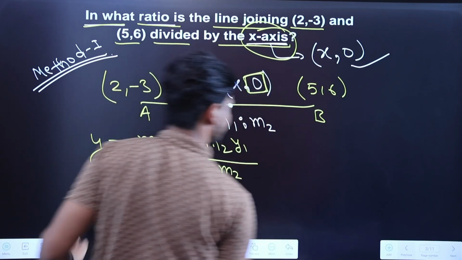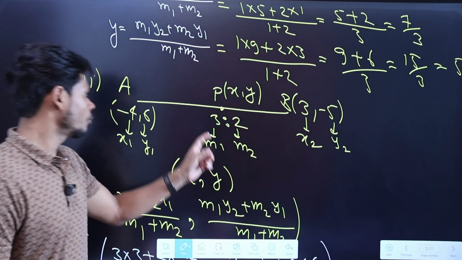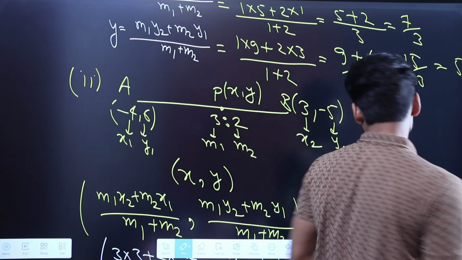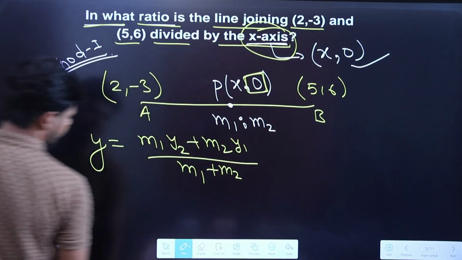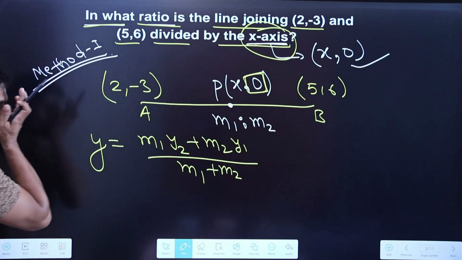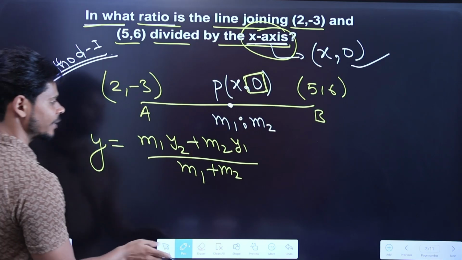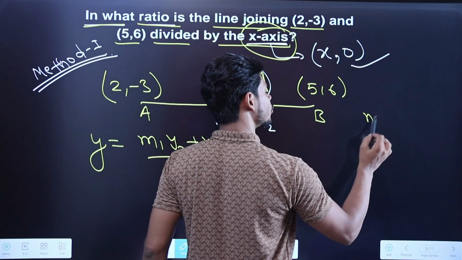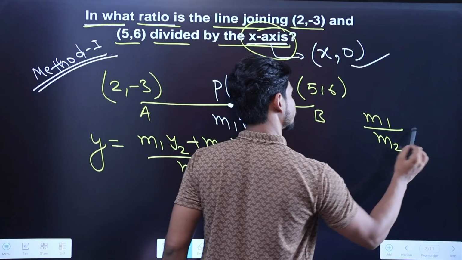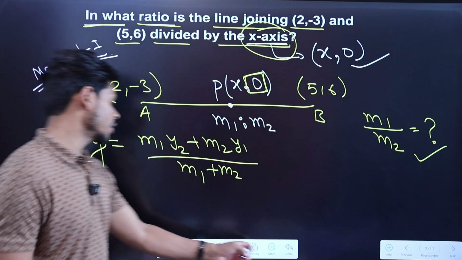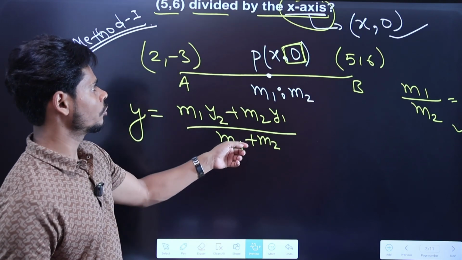This is the formula for y, also known as the ordinate. Now if we want to find the ratio, what does ratio mean? Ratio means we need to find M1 upon M2. That's what we actually need to find. Now let's substitute the values that we actually know from here.